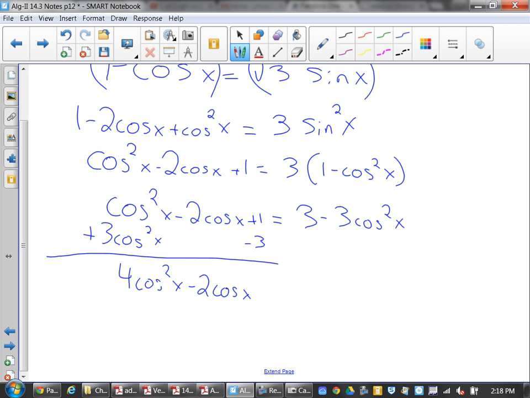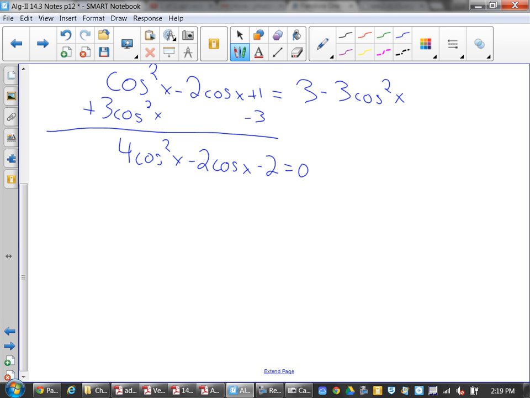What's 1 minus 3? Now, Clay, this is usually where I go to the U substitution, just because I've moved everything around. And if you want to do it beforehand, go for it. There's nothing wrong with it. You guys remember what I mean by that U substitution? Yeah, let cosine equal U.